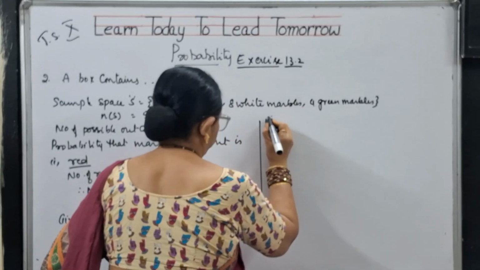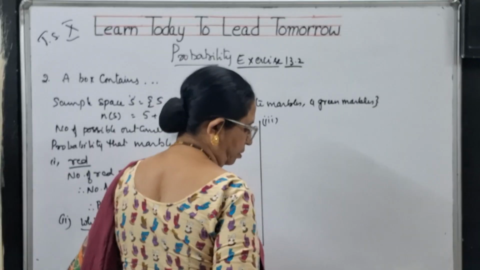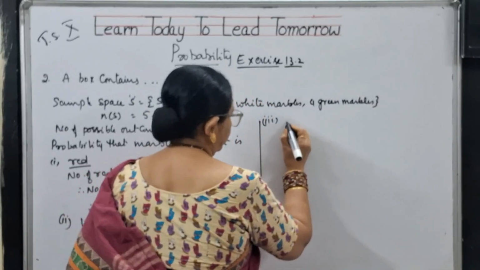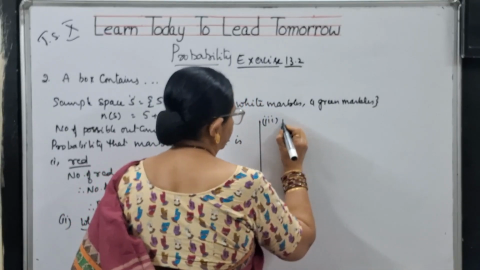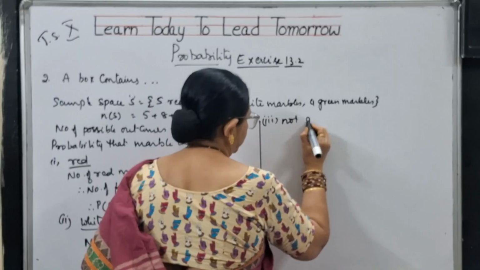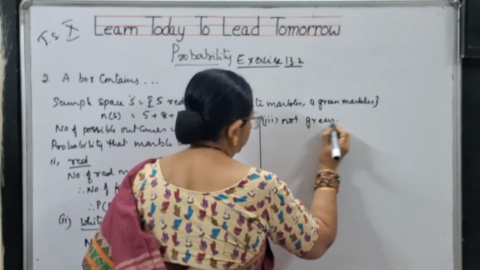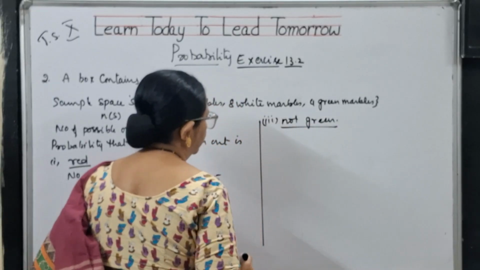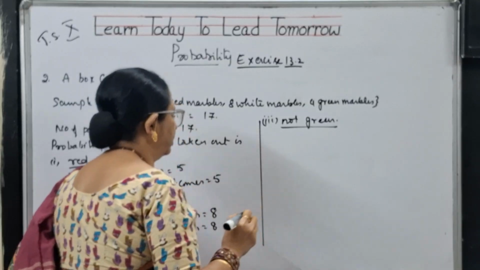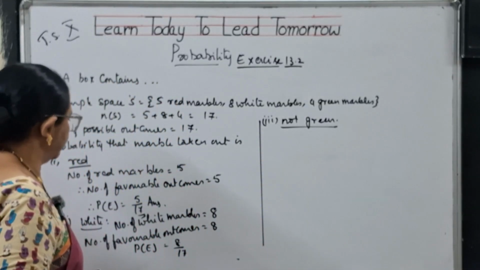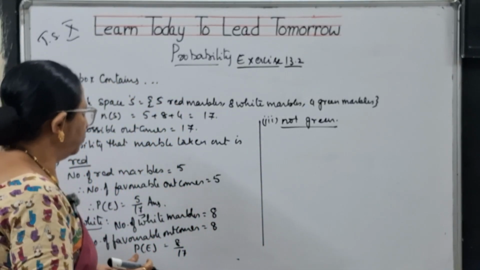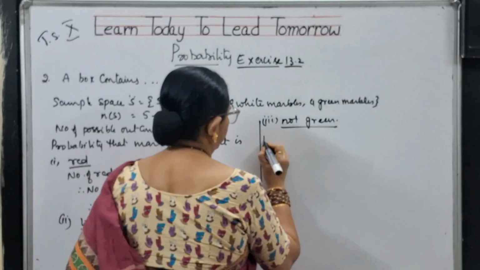Now, we have one more bit, that is third bit. Third bit is not green, they are asking. So, what is it that we have to find out first? Number of marbles which are not green.